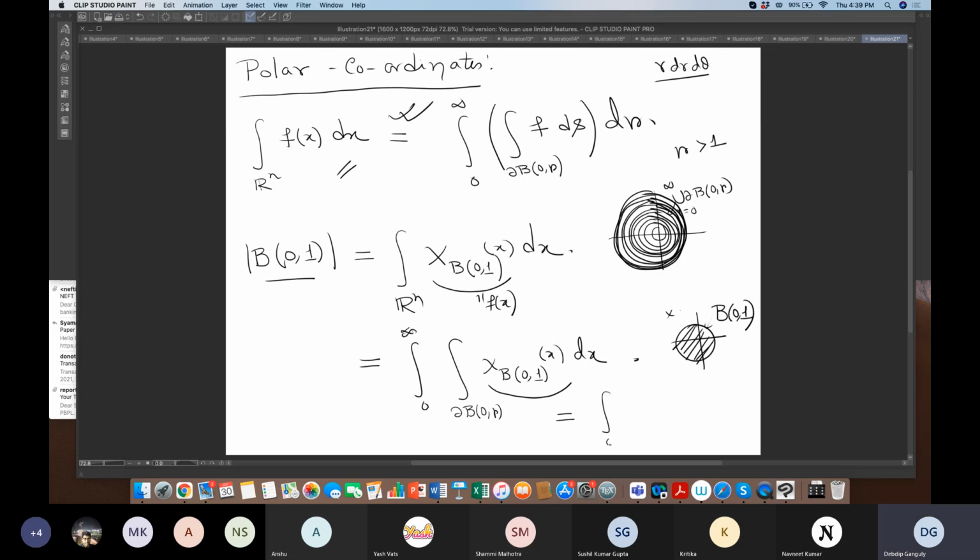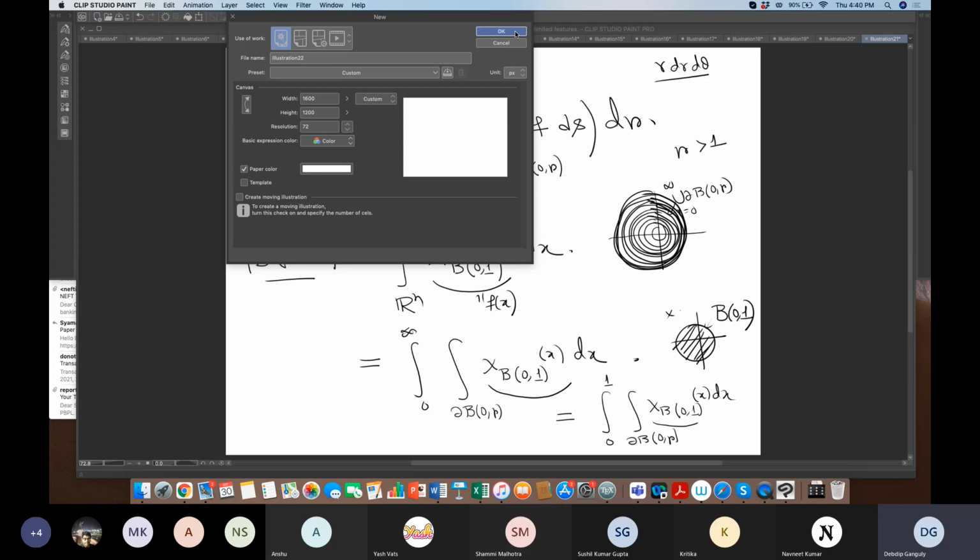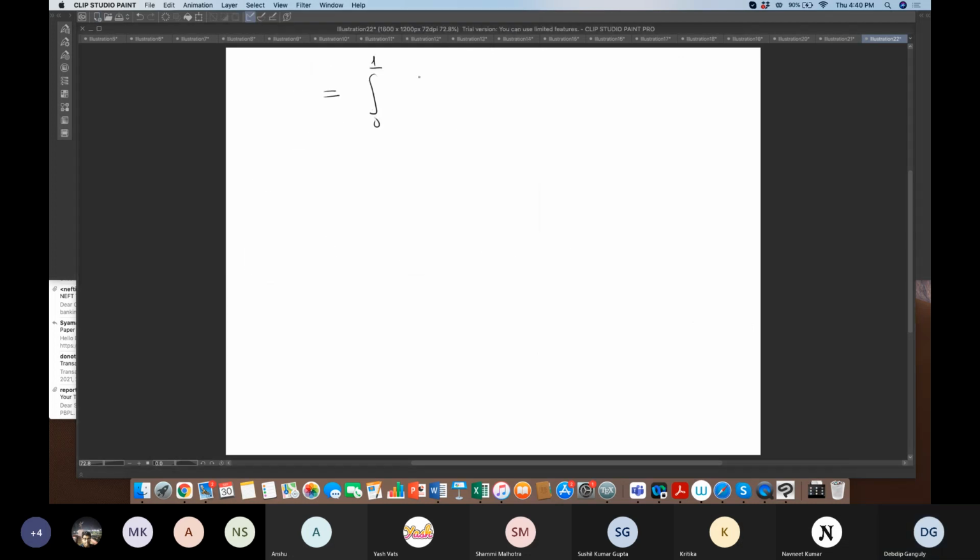So I can write the integral from 0 to 1 over the boundary of B(0,r) of the characteristic function, ds dr. This is nothing but the integral from 0 to 1 over the boundary of B(0,r) of 1 ds dr. Because on the boundary of B(0,r), with r from 0 to 1, the function is constant, it is 1. Is that clear? This step is clear? Why have I written 1?